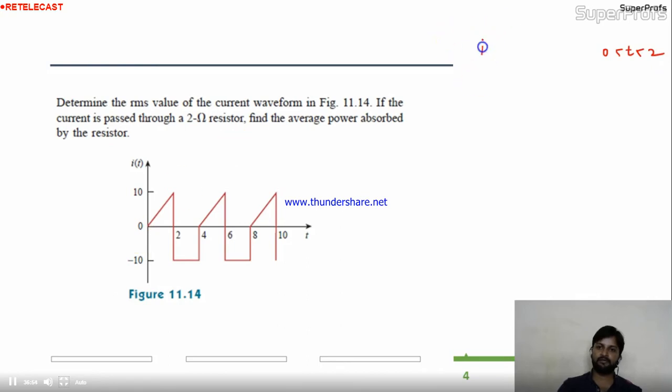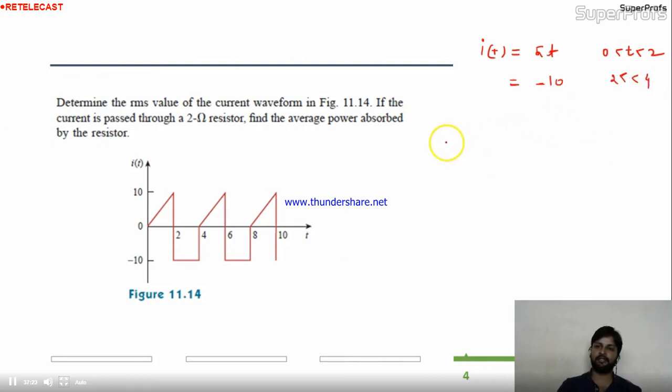In 0 to 2, the value of current is 5t, since the slope is 10 divided by 2. This is the current in the region 0 to 2. Next, the current is minus 10 for time 2 to 4.